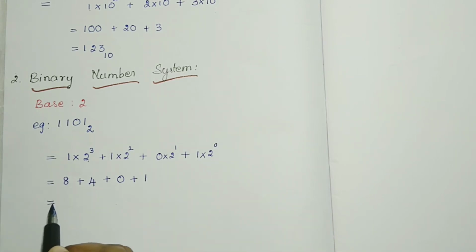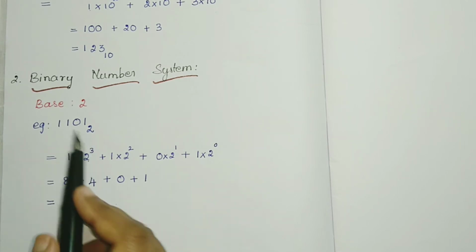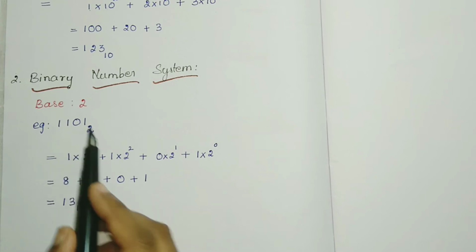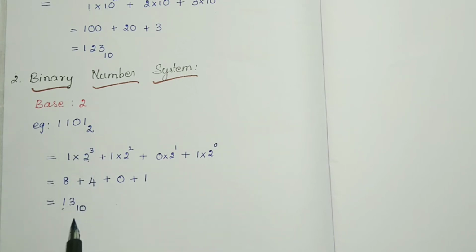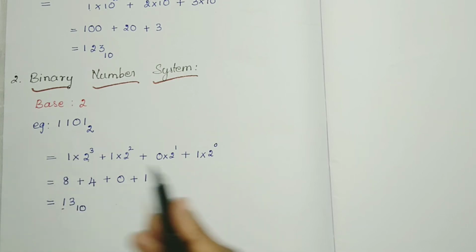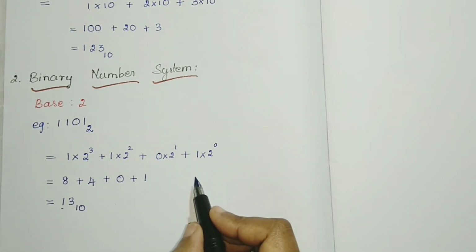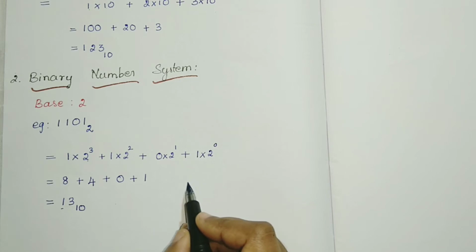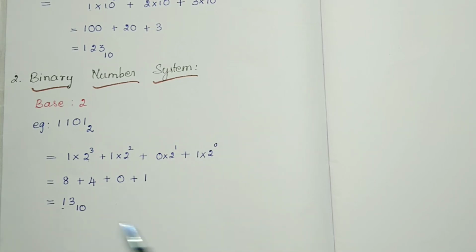Now add all these numbers, 8 plus 4 plus 1. The result is 13. We write the base as 10 because this is the decimal value for the given binary 1101. This is the way to identify the decimal equivalent of a given binary number. So this is binary to decimal conversion.